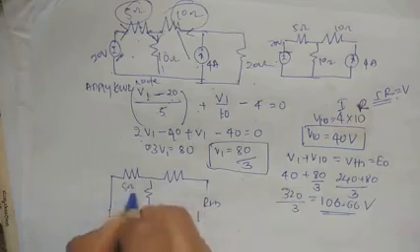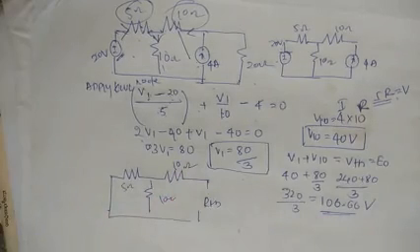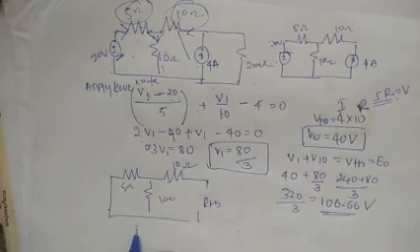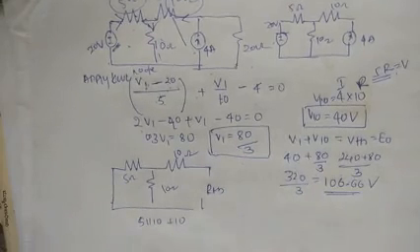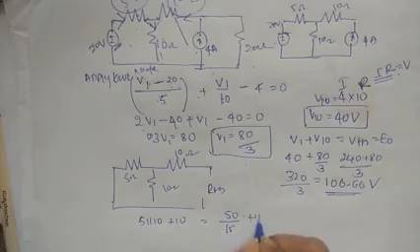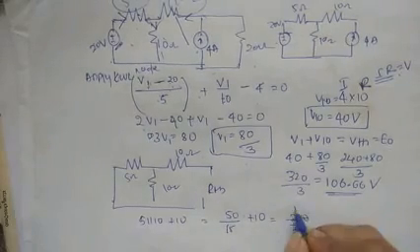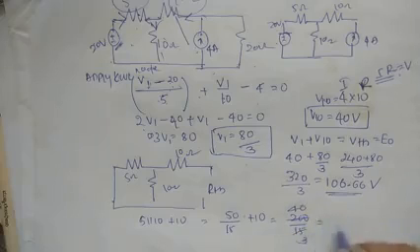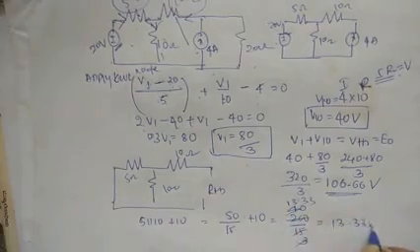RTH: 5 ohm, 10 ohm, 10 ohm. Right? What will you get? 5 is parallel to 10 plus 10 equals 50 by 15 plus 10 equals 150, 200 divided by 15. 3 ones are 13.33 ohm.